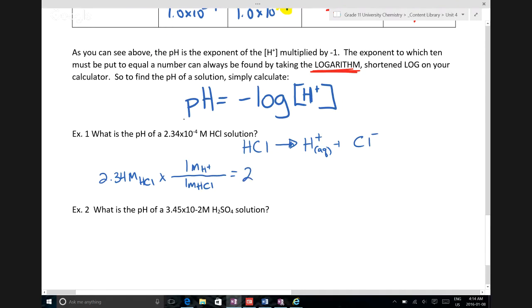And so we'll end up knowing that we have 2.34 moles of HCl per liter. This solution is of H plus ions. We can know that if there's 2.34 molar HCl, then each mole of that will give us 1 H plus, so we have 2.34 molar H plus ions. Every HCl, 1 H plus. So what would the pH of this solution be then?